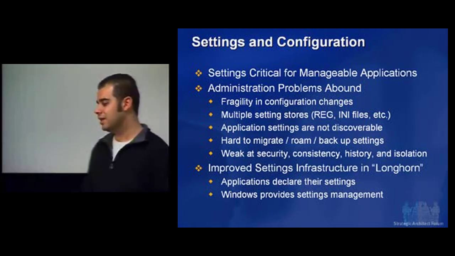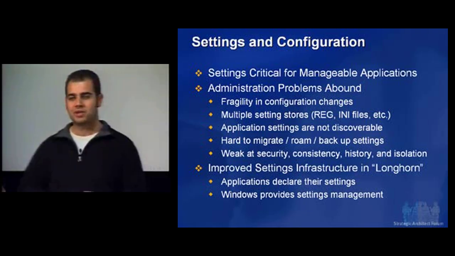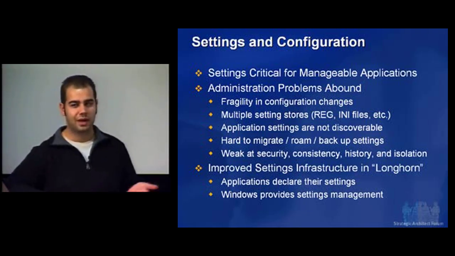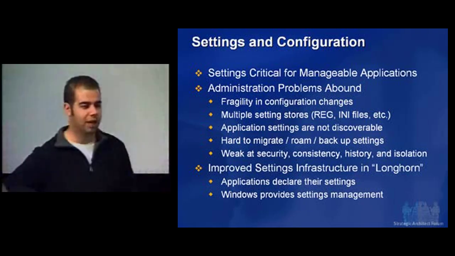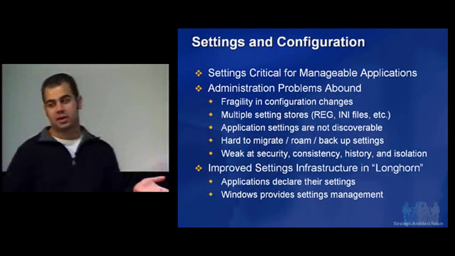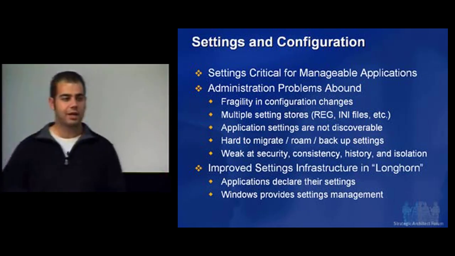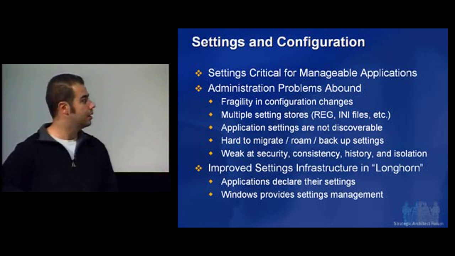And more than that, even if I did find the settings, it's really hard for me to tell you what the valid values are for changes that I make. If I change this value from a 1 to a 4, is the app going to break? I don't know. And so scenarios such as migration, roaming, and backup become really hard.